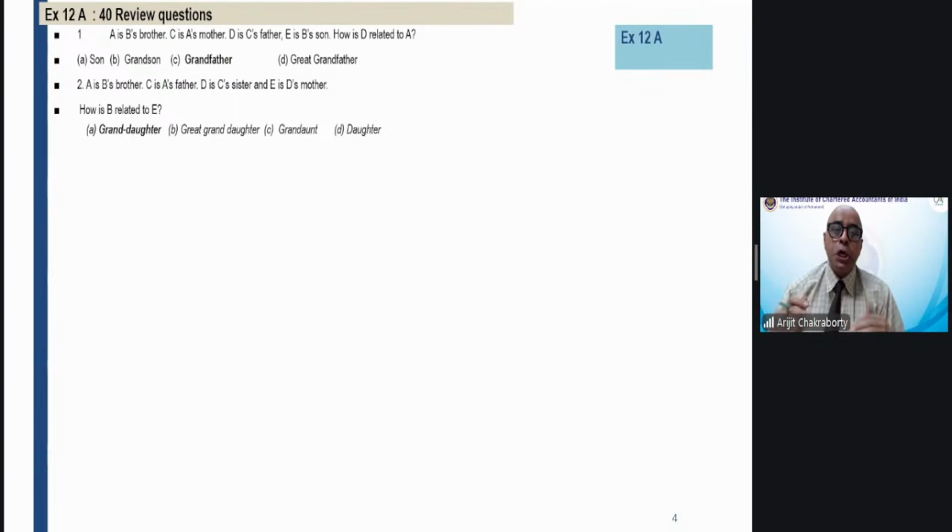And it follows that since A and B are brothers, automatically C is also the father of both A and B. Next statement is D is C's sister. That means D is female, and we know that C is male. Therefore, we can say C is the brother of D.